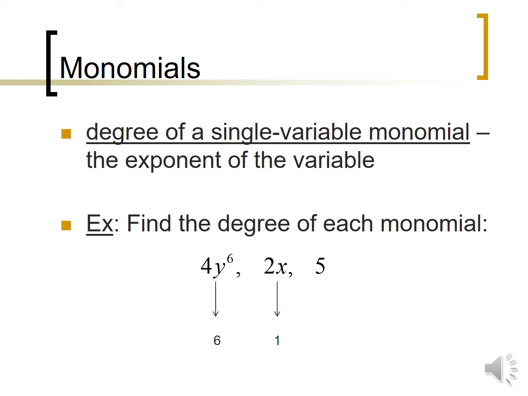Any idea what the degree of 5 will be? I don't see any variables with my 5. Therefore, the degree of the constant 5 is just 0, because there are no variables there. All we're really looking for is the exponent of the variable.